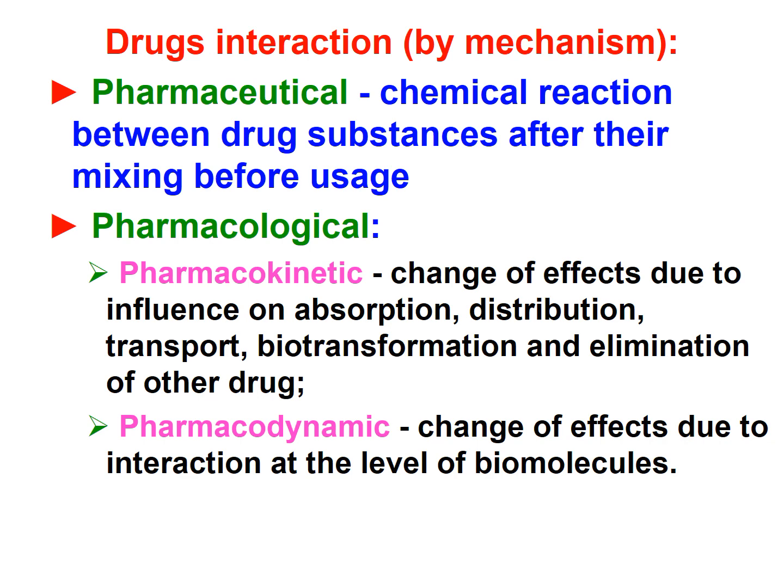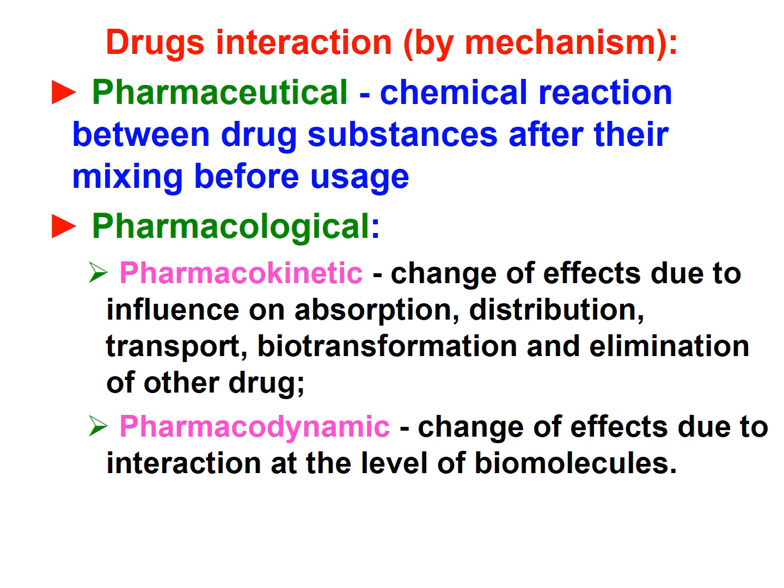Pharmacodynamics also studies drug interaction, and by mechanism this interaction can be pharmaceutical and pharmacological. Pharmaceutical interaction is simply a chemical reaction between different drug substances after their mixing in one dosage form, for example.